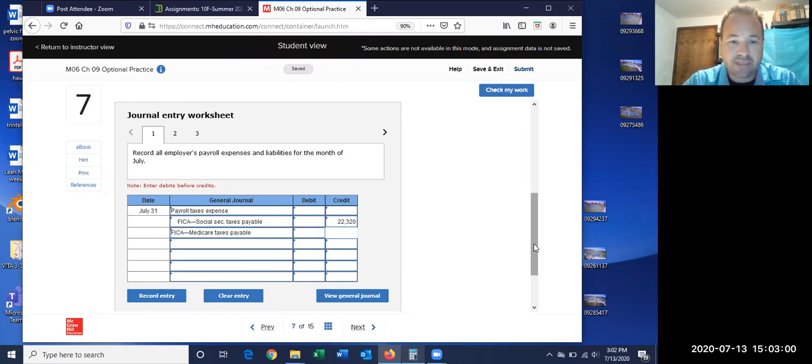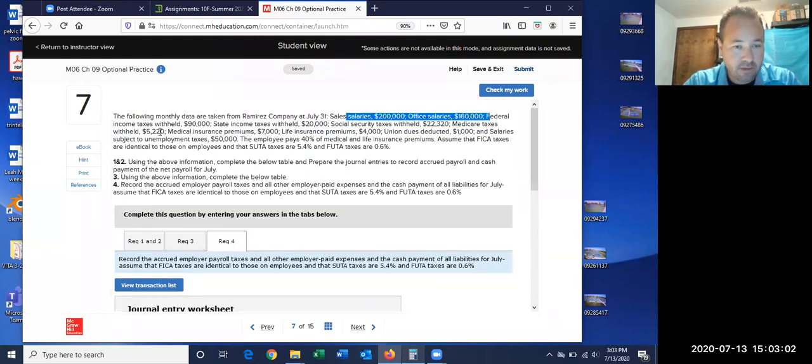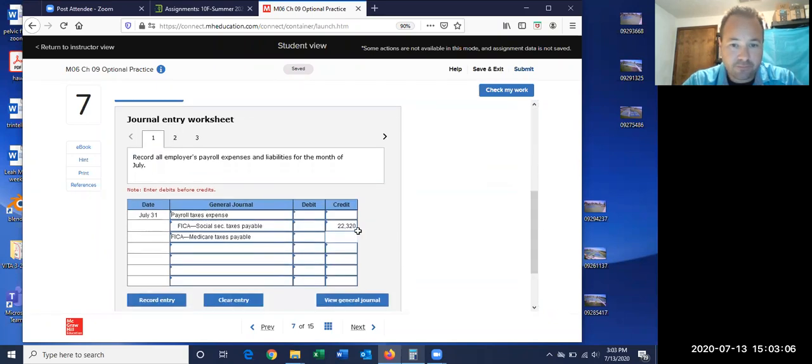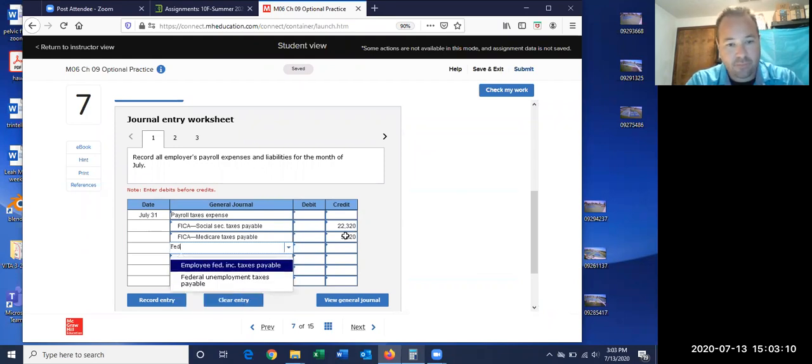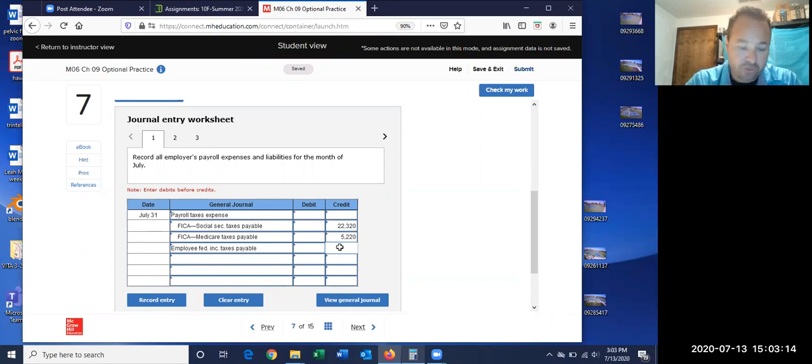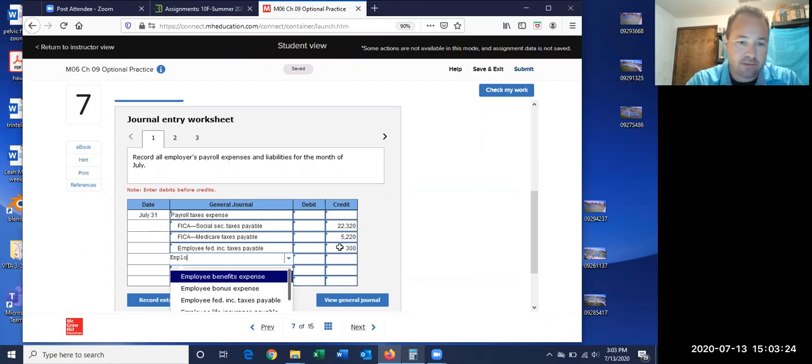Employer also has to pay the exact same as Medicare, which was $52.20. And then we've got our federal income taxes payable, which is one of the numbers I wrote down, $300. That was from the previous part. And then the employee state taxes.